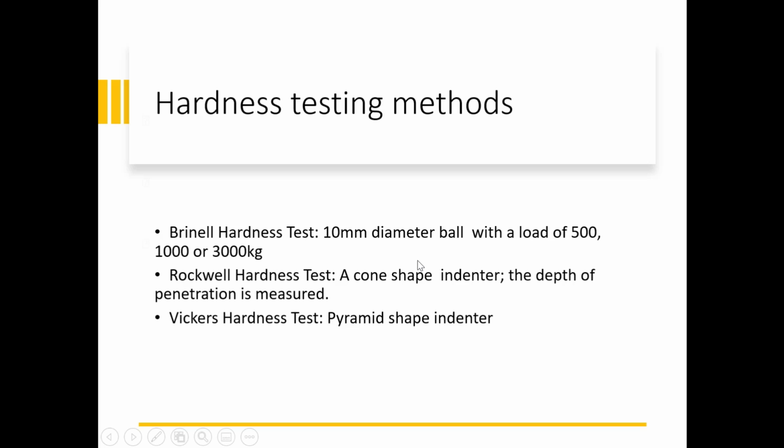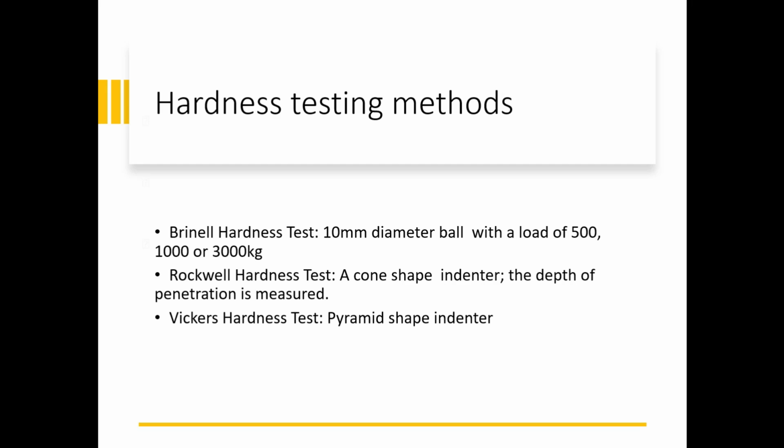So hardness tests can provide information from which many important mechanical properties can be derived. Since the hardness test can be conducted easily and quickly, they are very popular in industry.